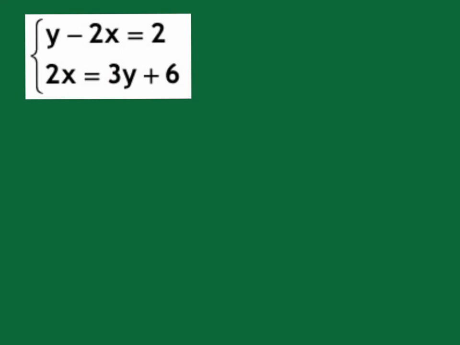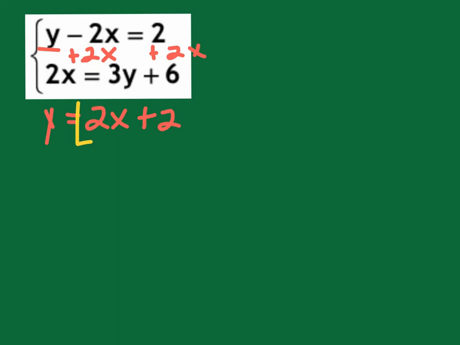Last one for today is, let's go ahead and get y by itself since it has a coefficient of 1. So I'm going to add 2x to both sides right here to get y equals 2x plus 2. I'm going to take my 2x plus 2 and substitute it in for y in that second equation. So 2x equals 3.